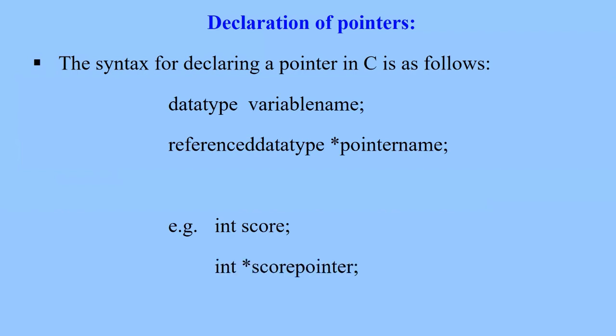Then int *scorePointer. So as you can see, my dear students and the rest of the learners, we first of all have to have a variable declared, and then we declare a pointer to that variable, or a pointer that will be used to refer to the content of that memory location referred to by the variable name.